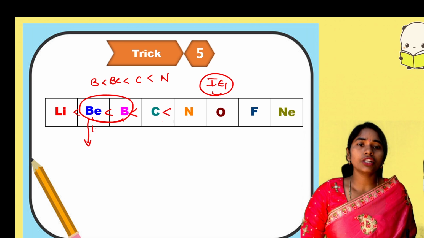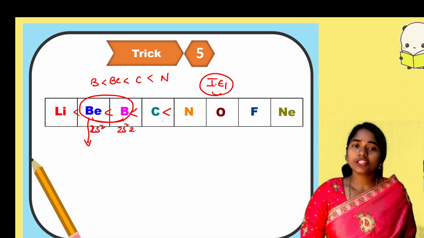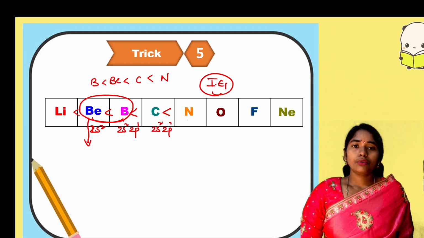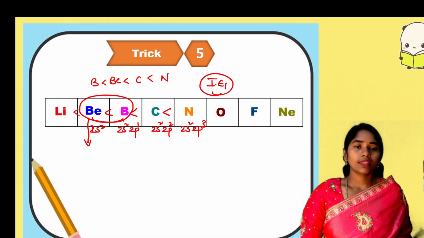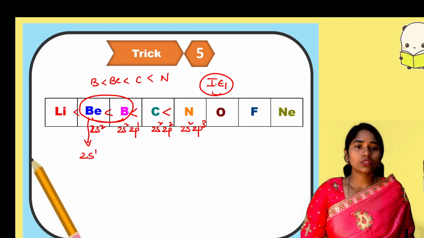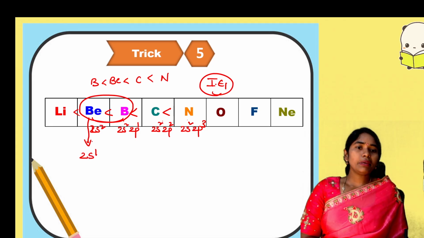First write all of your electronic configurations: beryllium 2s2, boron 2s2 2p1, carbon 2s2 2p2, nitrogen 2s2 2p3. See, I am going to remove 1 electron because IE1, then I will get a configuration 2s1. This is Be plus.